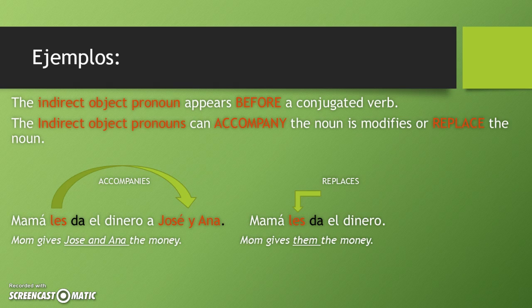Really, José y Ana is just clarifying les as them. So Mom gives José and Ana the money, or I could simply say, Mamá les da el dinero. Mom gives them the money. So really, les is representing them, but since les could be a variety of people, it's just them, you can clarify it by saying whomever those recipients are. So either way you can do it. You can use it to accompany or to replace.